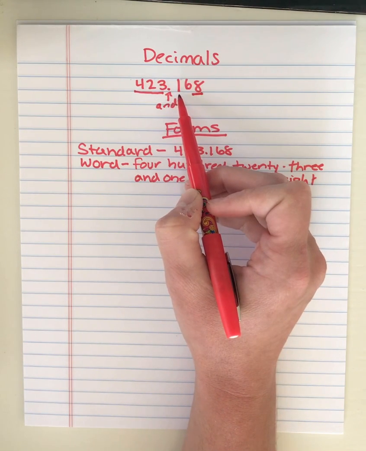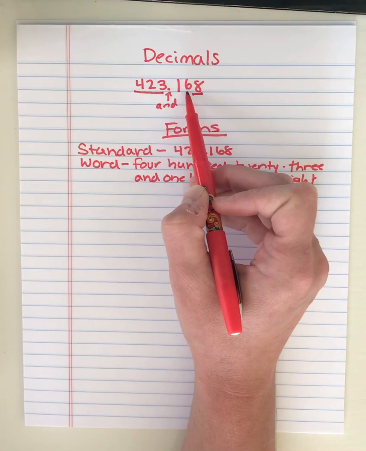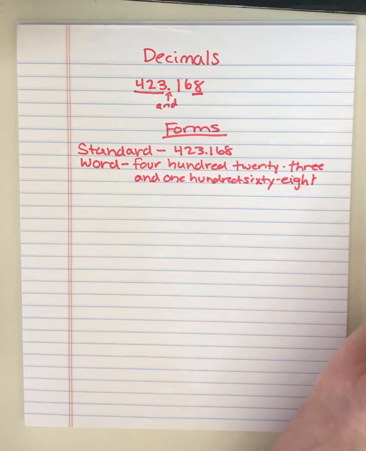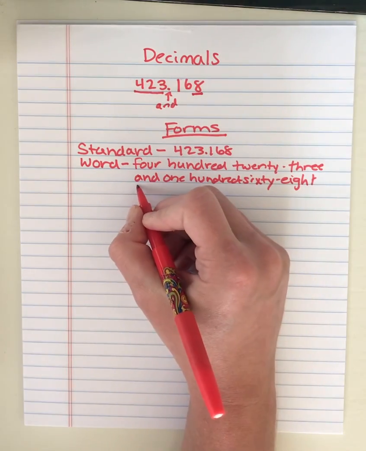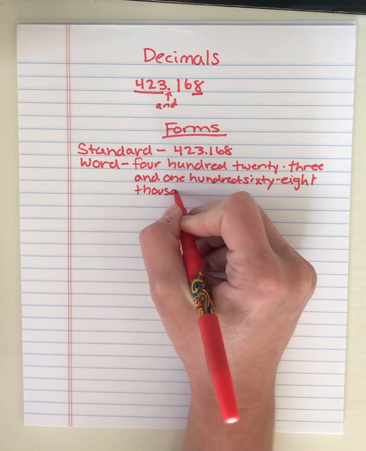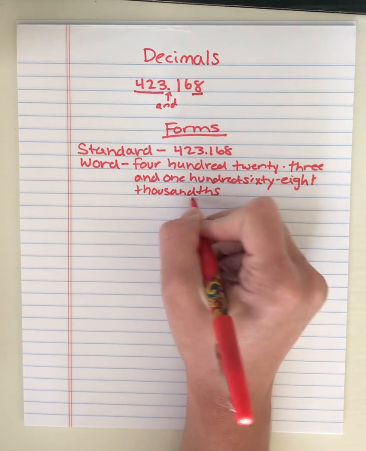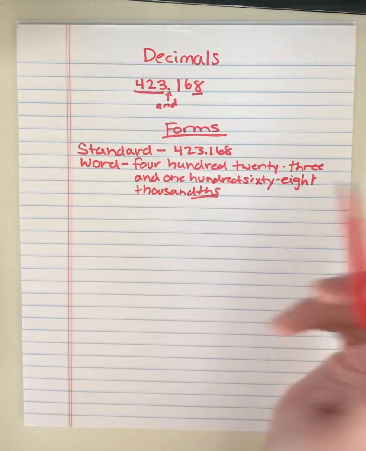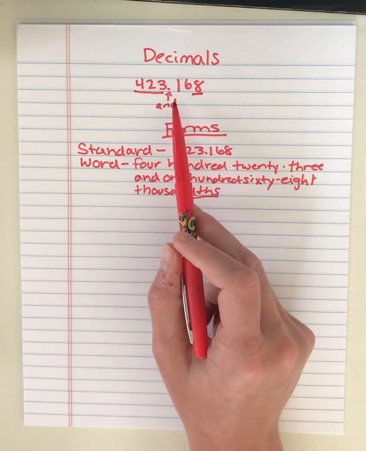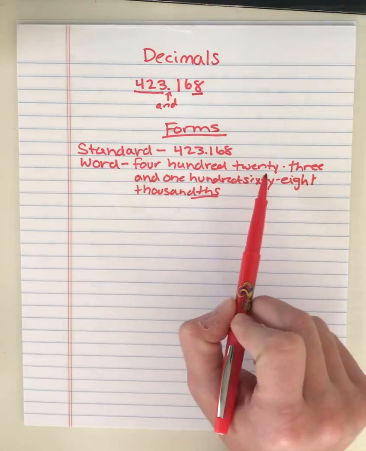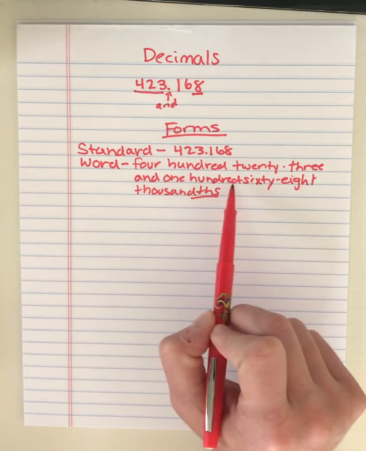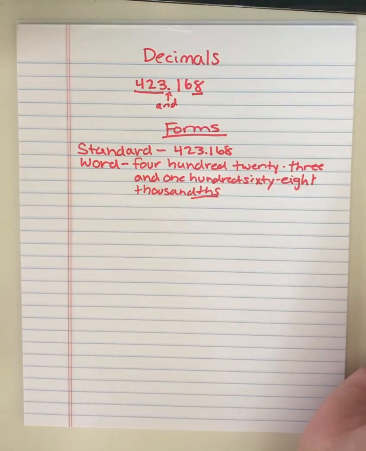So let's do a quick review. The first one behind the decimal is the tenths, hundredths, and thousandths. So the 8 is in the thousandths place. That THS lets us know it's a decimal. So in order to write this decimal, we say 423 and 168 thousandths.